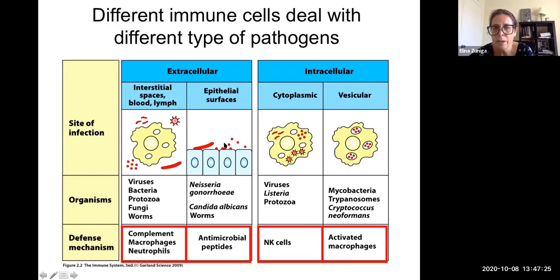If the pathogen is intracellular, so it grows inside of the cell, it may grow in the cytosol, viruses for example, and in this case we learned that natural killer cells can kill these virally infected cells, or it may grow in vesicular compartments.